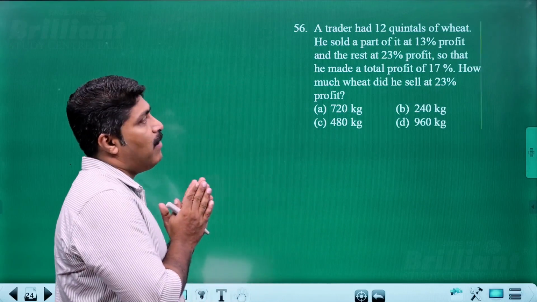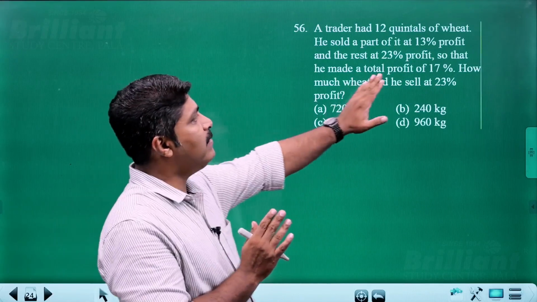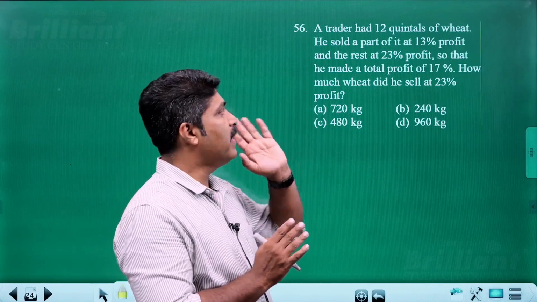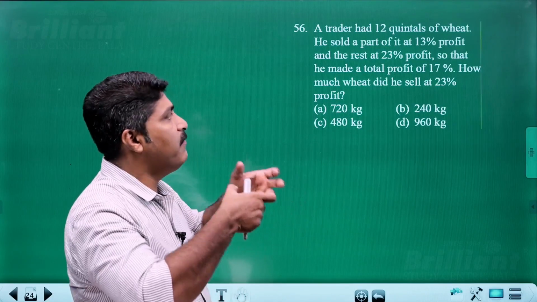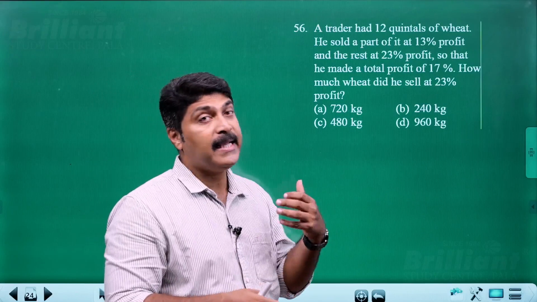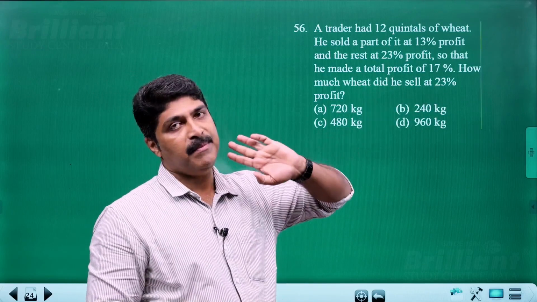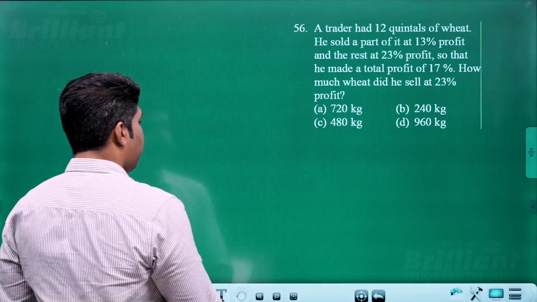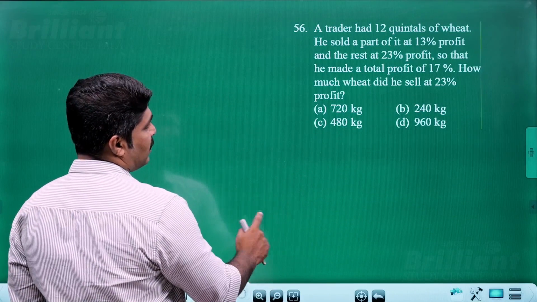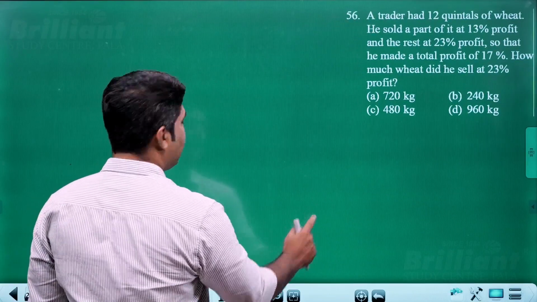So first, what you have to understand here: 13% profit, 23% profit, those two varieties, when we are considering their aggregate profit, is 17%. So there we are directly applying the concept of alligation in such a situation. So how can we allegate it?